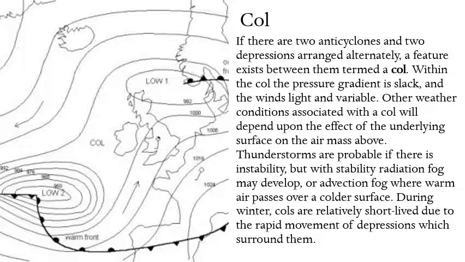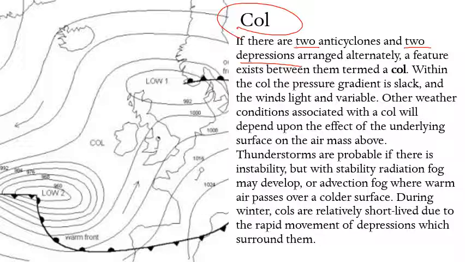Sa col naman na tinatawag natin, hindi laging may col doon sa isang synoptic chart. Sometimes wala, sometimes meron. Kasi paano ba tayo nagkakaroon ng col? If there are two anticyclones and two depressions, tandaan natin yung two anticyclones and two depressions, so yung tinatawag nating low pressure area ay arranged alternately or in an axis, it will be termed as col.